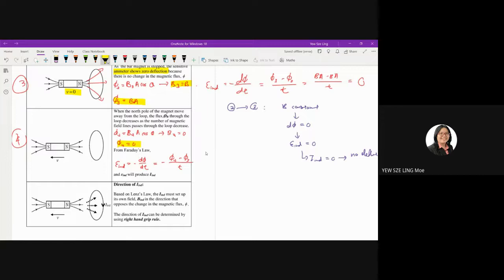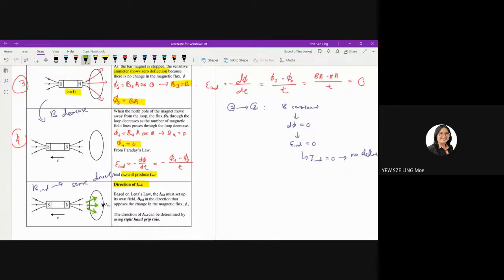If it is not a zero value, then it will produce induced current. So how to determine the direction of induced current? Now, because you decrease the number of lines, from process 3 to process number 4, B decreased. If B decreased, then B induced is in the same direction. It tries to top up.